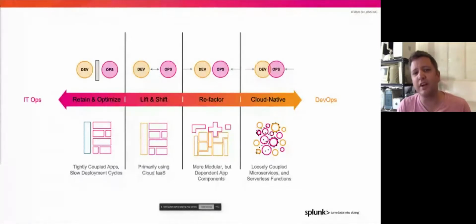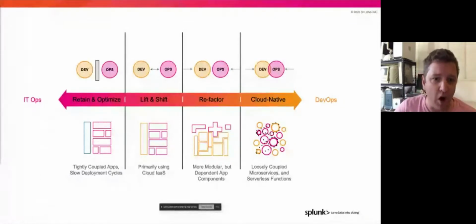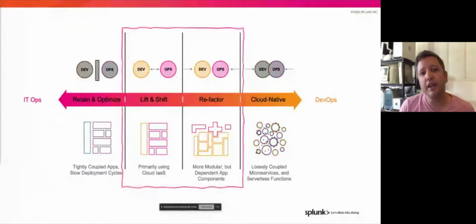So I think a lot of organizations are onboarding new applications as cloud native, but most enterprises are going to have some combination of all of these. And when we look at the traditional enterprise, most enterprises are in the lift and shift and refactor stage, because they're starting to prepare for what it means to be cloud native.